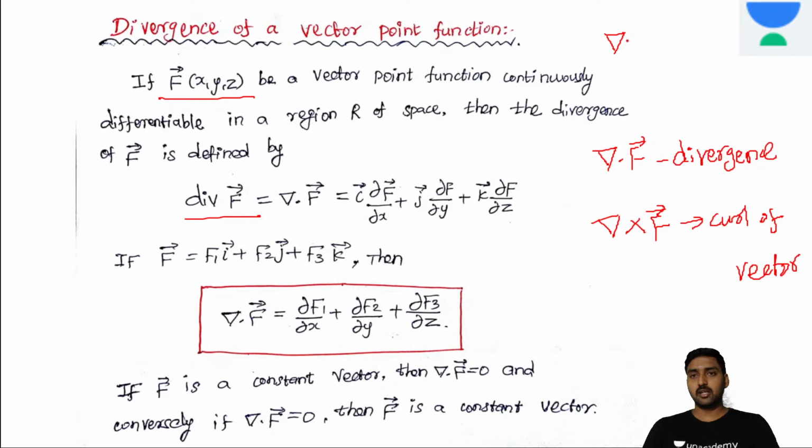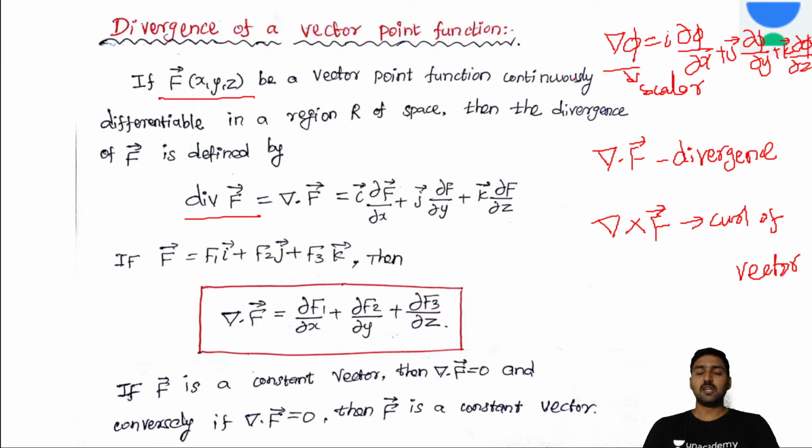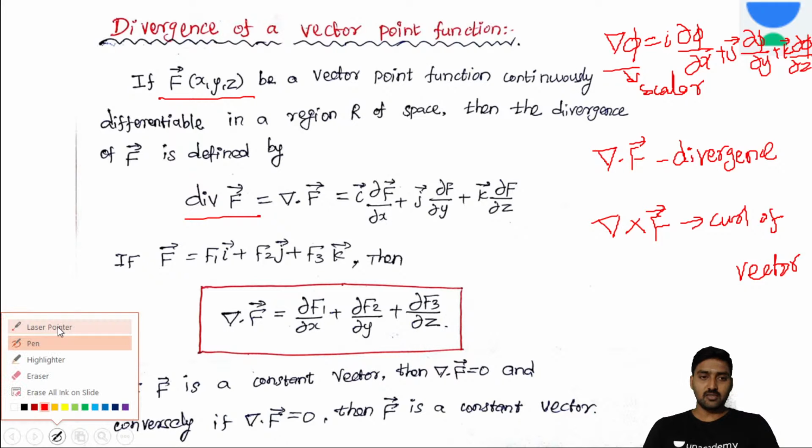Here del phi means i vector into dou phi divided by dou x, which is a scalar. While applying to a scalar, it is called the gradient: plus j vector into dou phi divided by dou y plus k vector into dou phi divided by dou z, which belongs to the scalar point function. The same kind of equation we apply with the dot product to the vector point function.